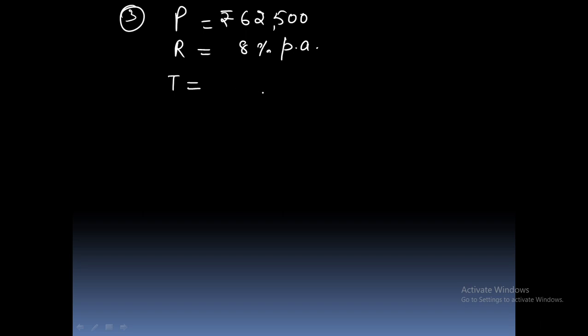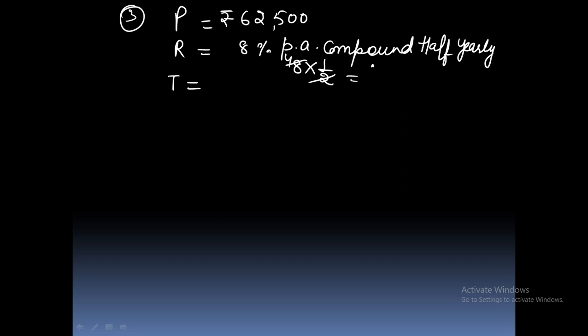When they say compounded half yearly, then we have to multiply the rate of interest by 1 by 2, and we will get the half yearly rate of interest. That means the rate of interest for 6 months is 4%, and time is given as 1 and 1 by 2 years.